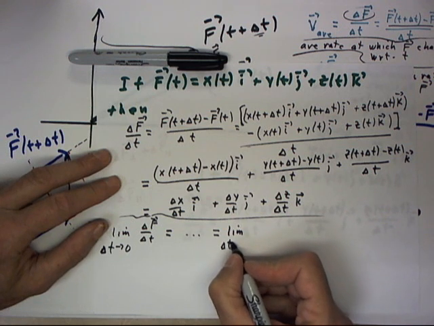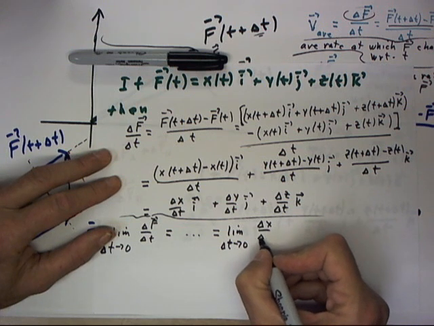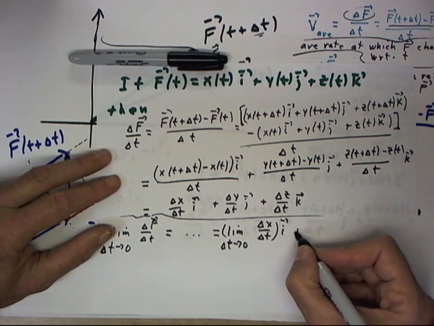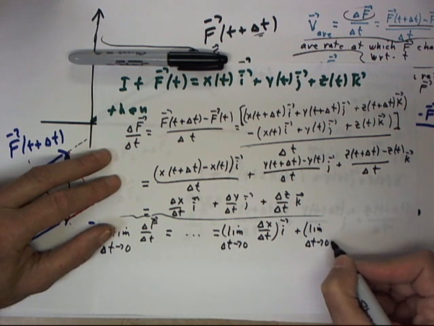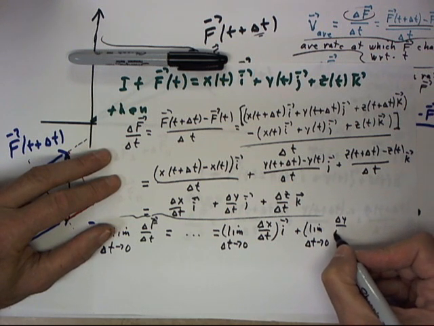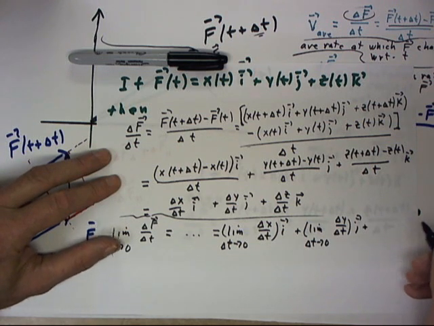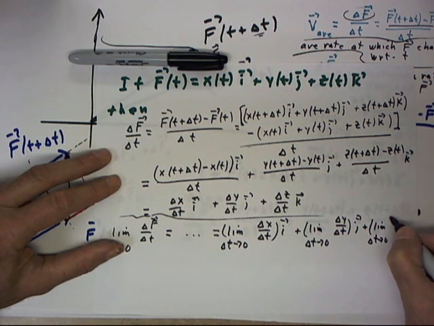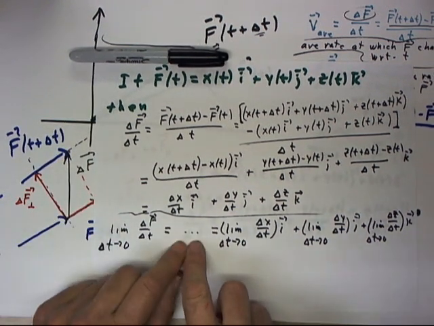Okay, the limit as delta t goes to 0 of delta x over delta t multiplied by i, plus the limit as delta t approaches 0 of delta y over delta t times j, plus the limit as delta t goes to 0 of delta z over delta t multiplied by k.